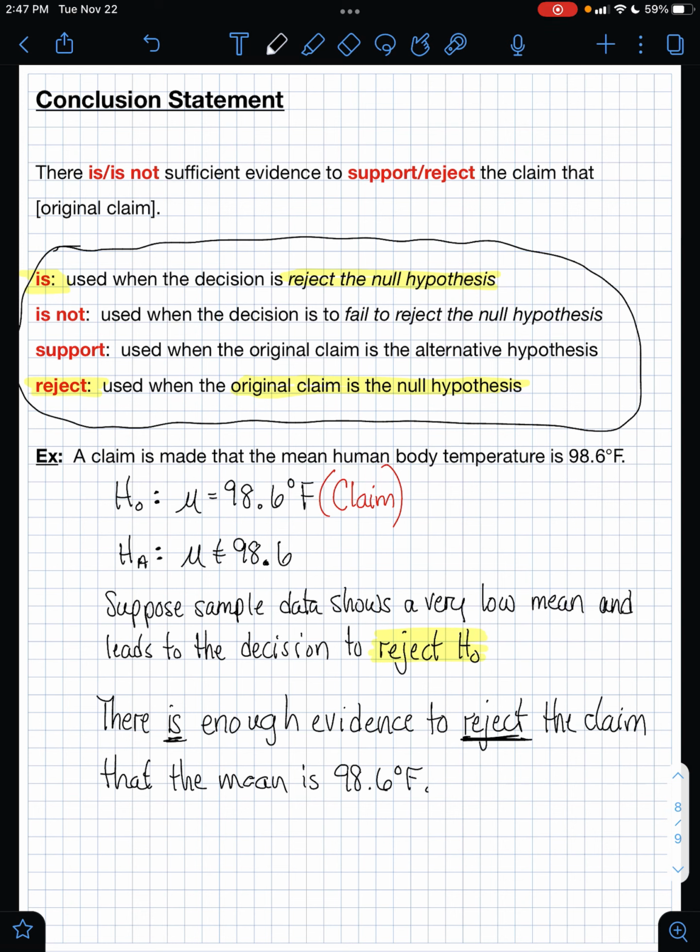So again, this lesson about hypothesis testing is about establishing the core concepts of it. The next lesson we'll get into actually performing hypothesis tests.